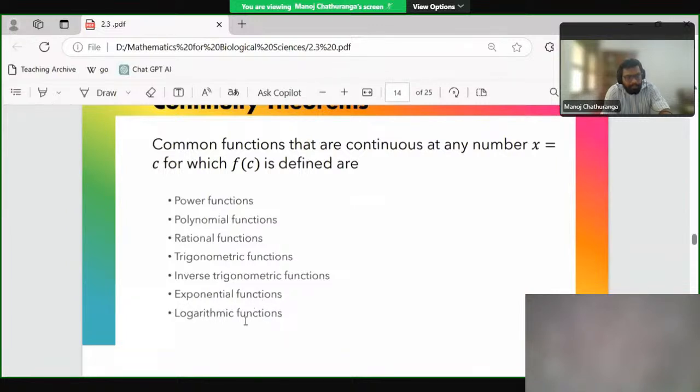Then the logarithmic function. The domain of the logarithmic function is the set of all positive numbers, and you see the graph of the log function is unbroken. You can draw the graph without lifting the pencil. So that means it must be a continuous function. The same is true for the exponential function. You can draw the graph without lifting the pencil.